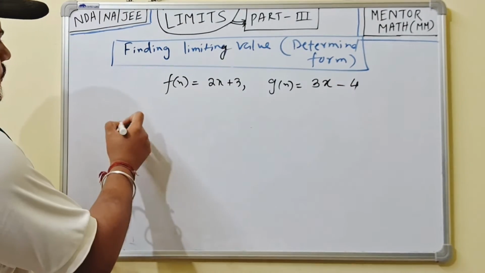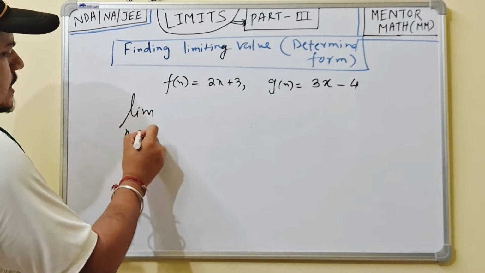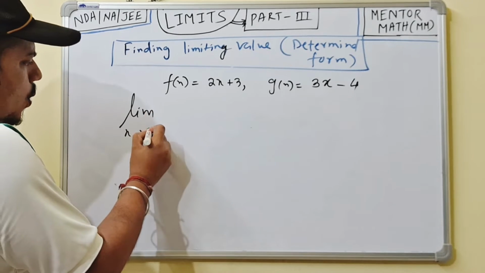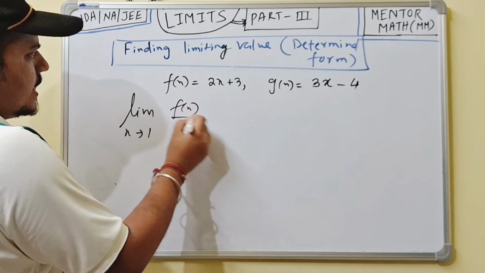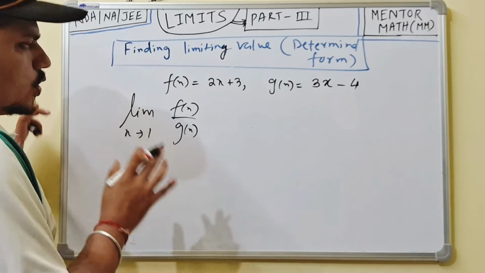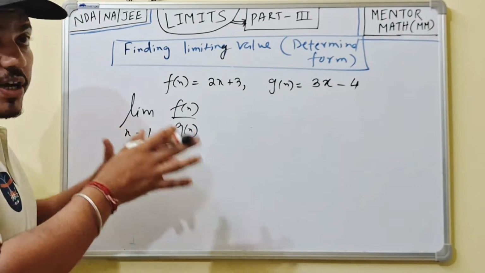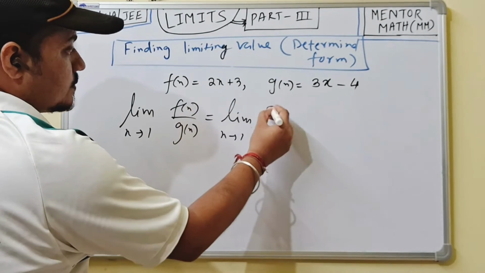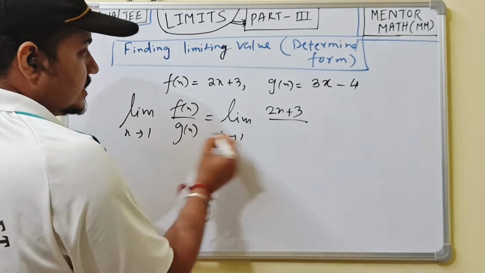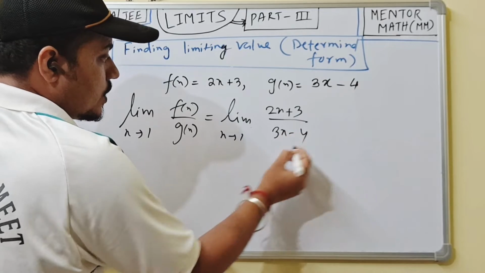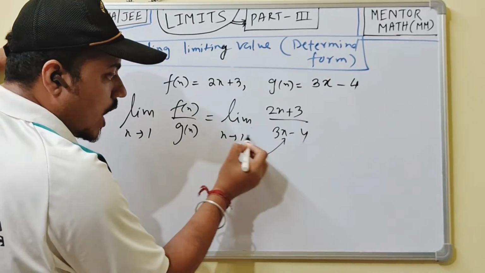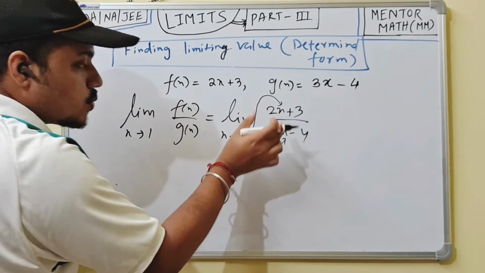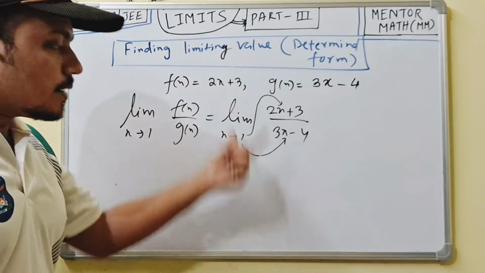You can easily find limit x tends to 1 of f(x) by g(x), because if we substitute 1 into 2x plus 3 and 3x minus 4, this is a determinate form.